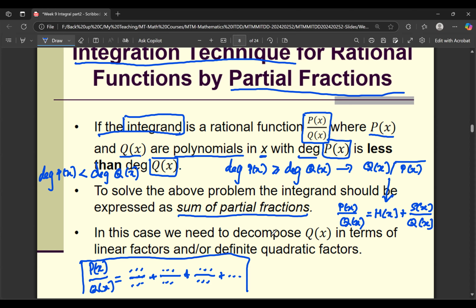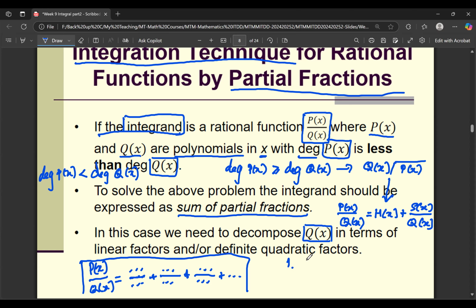We must know the composition of Q(x) to do the partial fraction. It means that we must get the factors of Q(x). There are two kinds of factors, the least factors, that is, the smallest factors that the polynomial has.